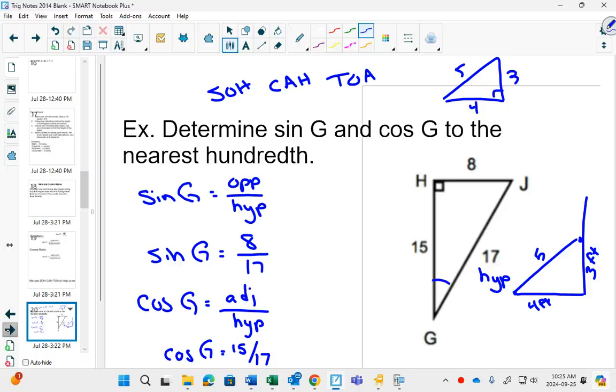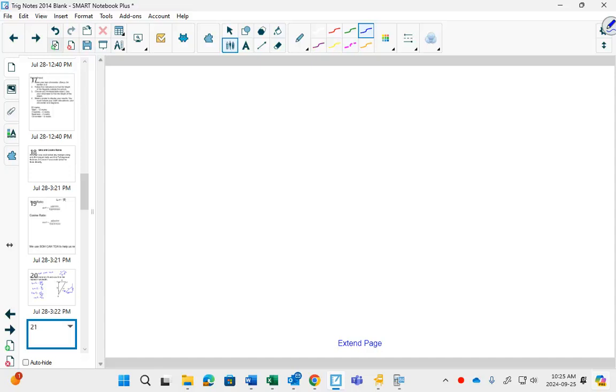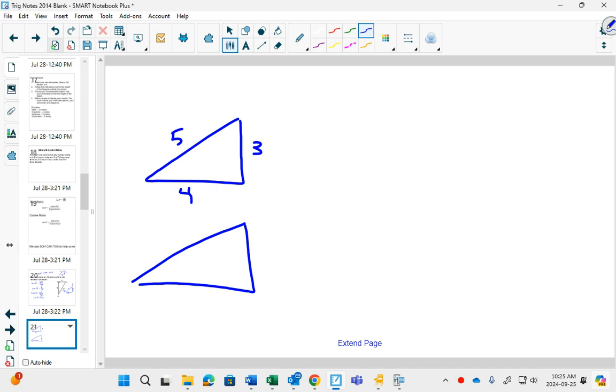I think these triangles are pretty cool. So I'm going to just get off topic a little bit and show you a few others. So I showed you the 3, 4, 5. I'm going to show you another one, which is 5, 12, and 13.